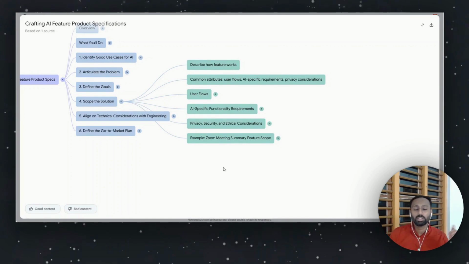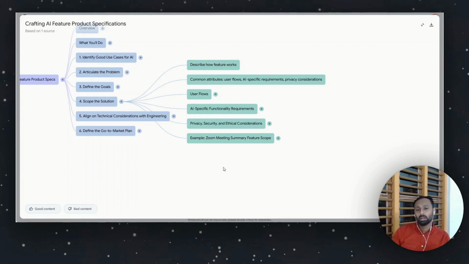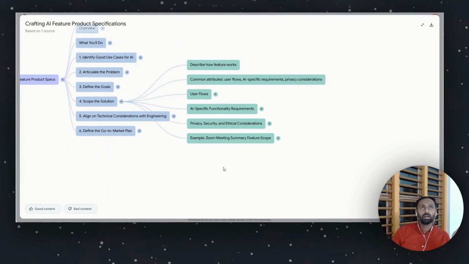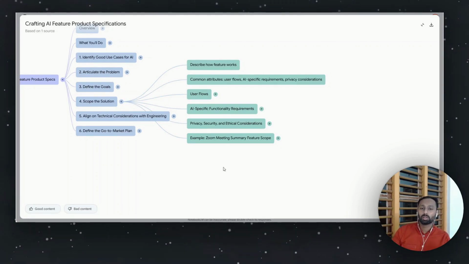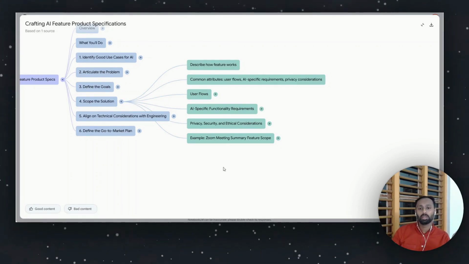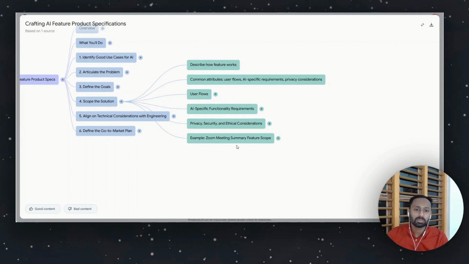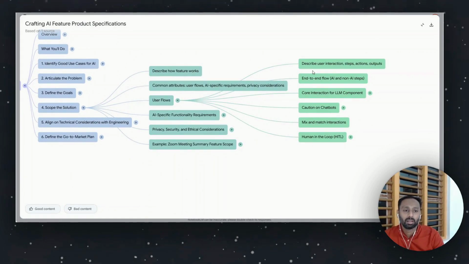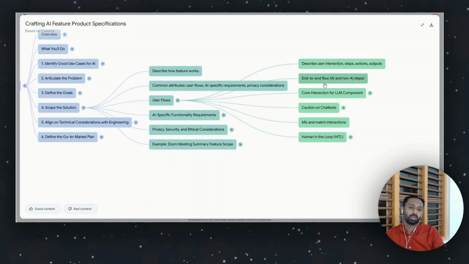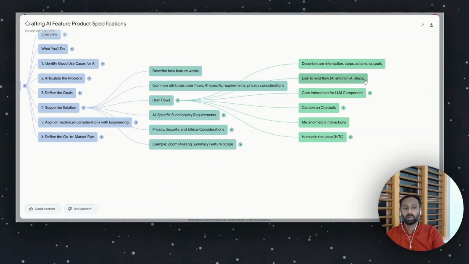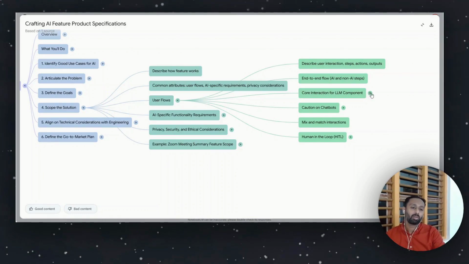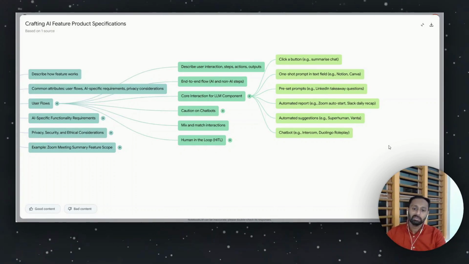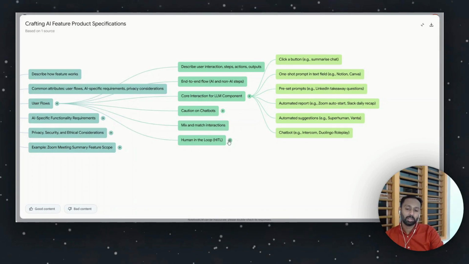So in the solution, things like what are the user stories, what are the specific user flows, what are the user stories within that. Things like user interaction steps, action outputs, end-to-end flow, AI and non-AI steps, core interaction for the LLM component, mix and match interactions, human in the loop aspects.